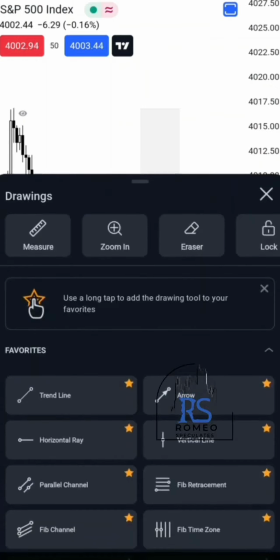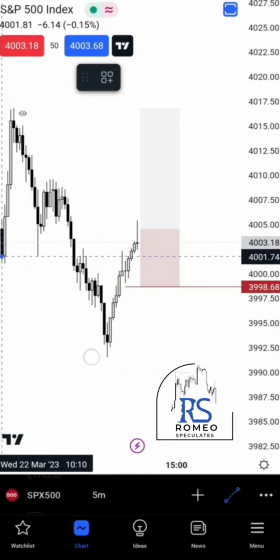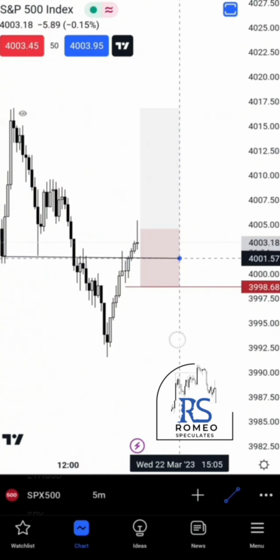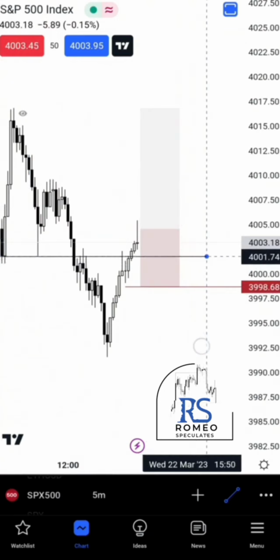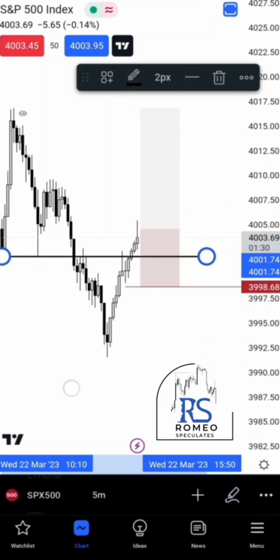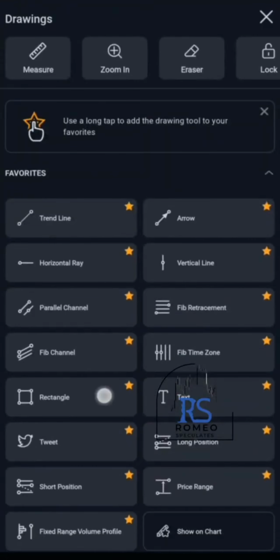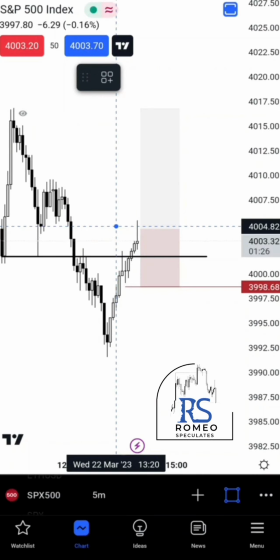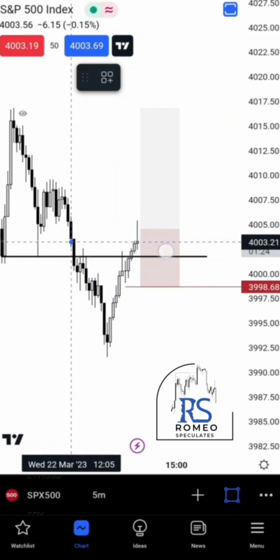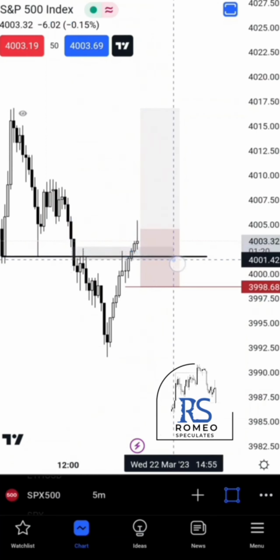So we have this old breaker, which can now be used as support, which also has a confluence of being this FVG.